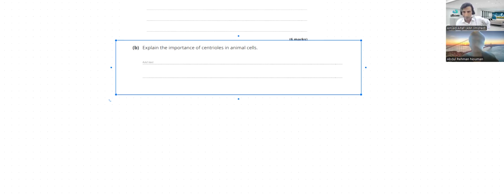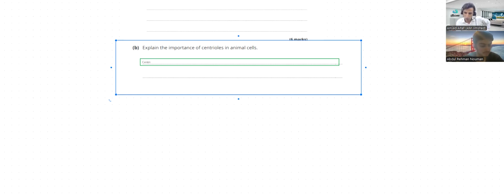And the second important thing, again, this is your Bible. The specification is your Bible. Even your examiner is not able to go out from here, because he's bound to make a paper from here. So yes, we can consult any book, but we should always keep this in front of us.